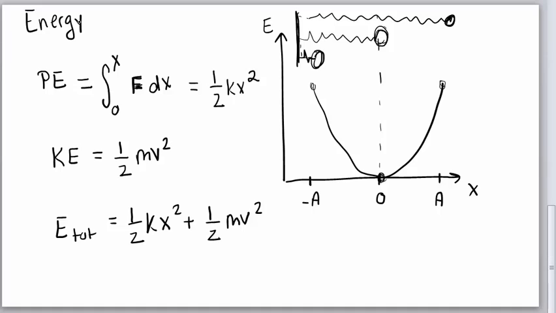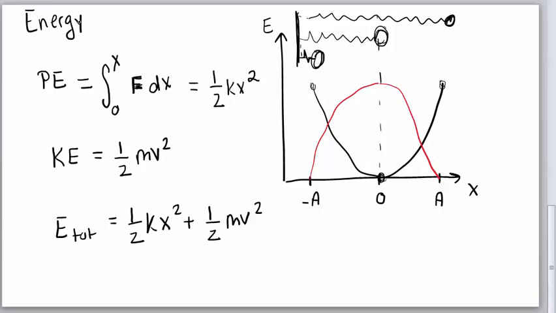I'm going to use a different color for kinetic energy. Kinetic energy is the opposite. Kinetic energy is 0 at the maximum displacement areas, because that's where the mass is still, because it's changing from moving in the negative direction to the positive direction, or the other way around.